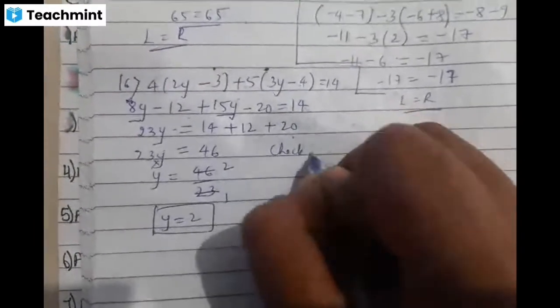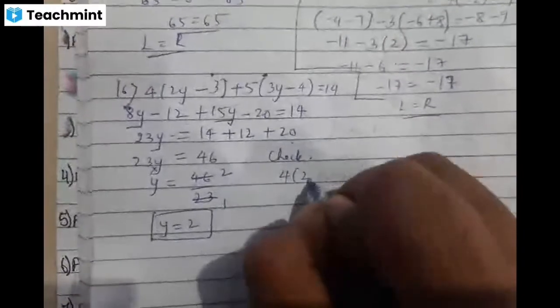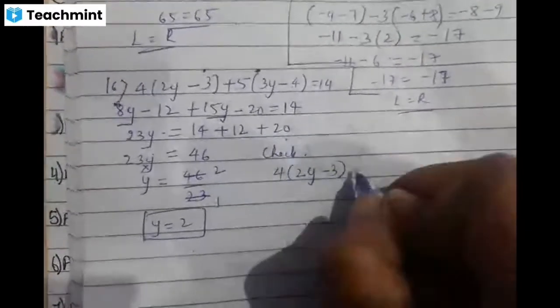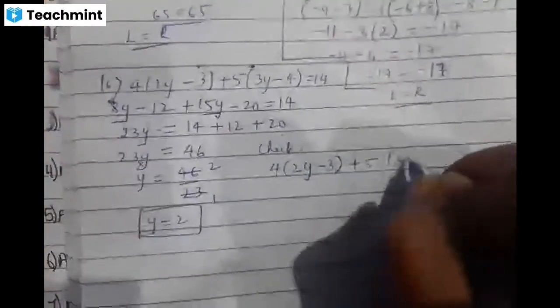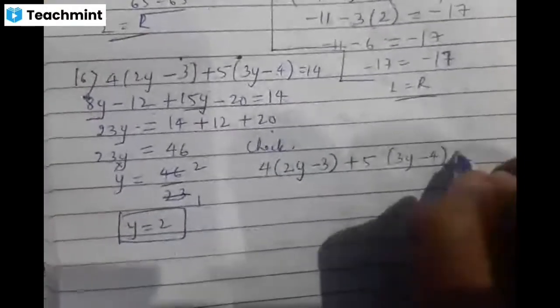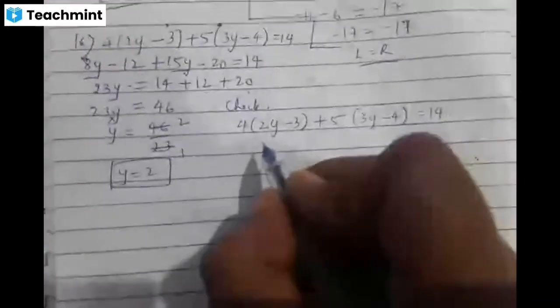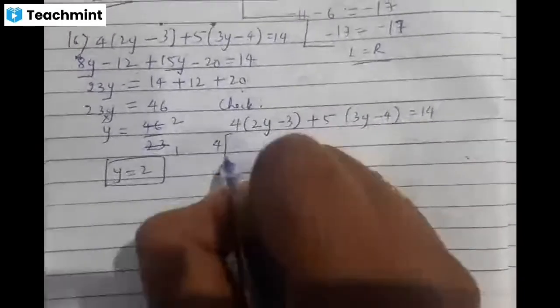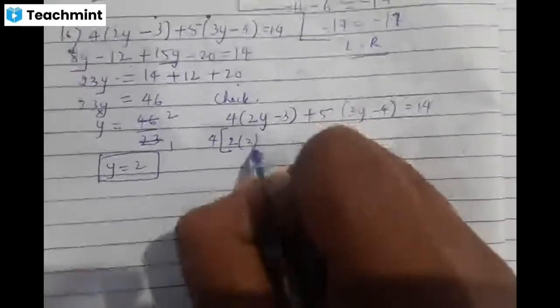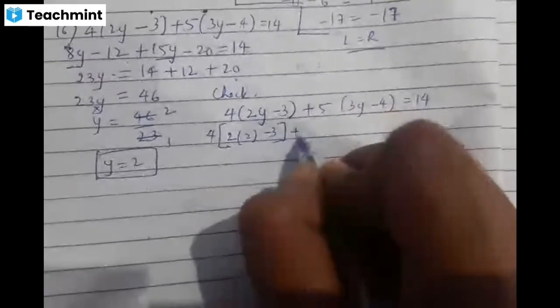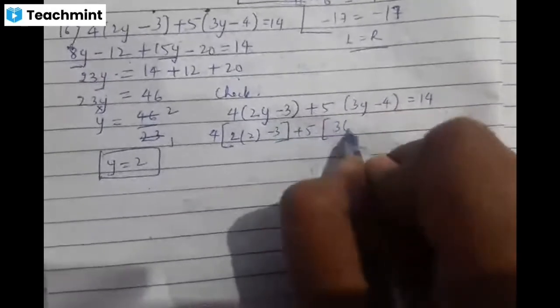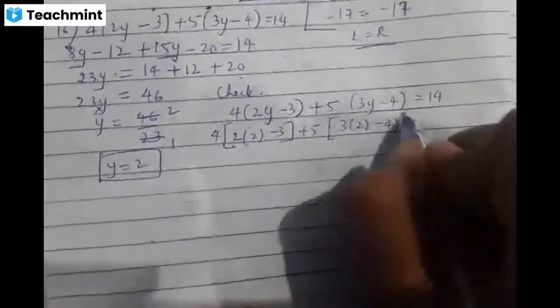Now it is time to check the answer by considering the given question. 4 into 2y minus 3 plus 5 into 3y minus 4 is equal to 14. In place of y, we are substituting 2, children. 4 into 2 into 2 minus 3 plus 5 into 3 into 2 minus 4 is equal to 14.